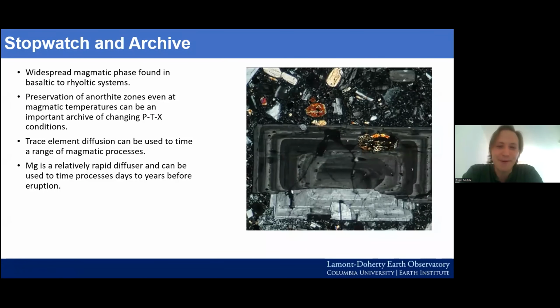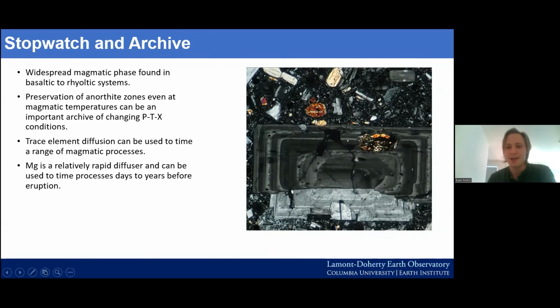It's also a really important mineral that igneous petrologists can use to understand changing magmatic conditions, as well as magmatic processes like magma storage, mixing, degassing, even magma ascent. It's stable in a wide range of magmatic compositions, from basalts all the way up to rhyolites, so it's important at a range of tectonic settings.